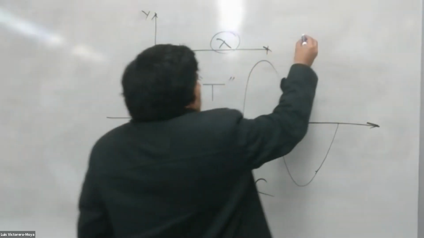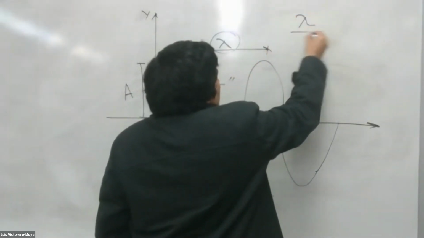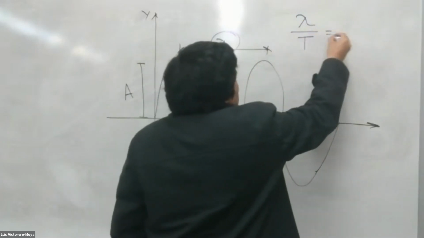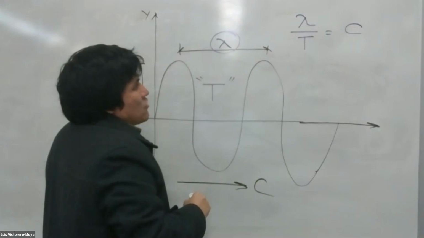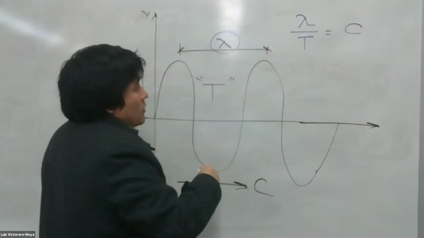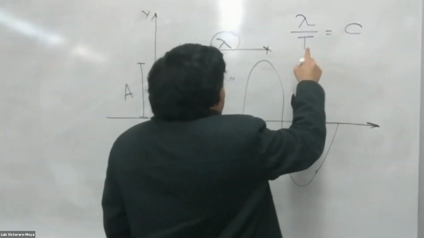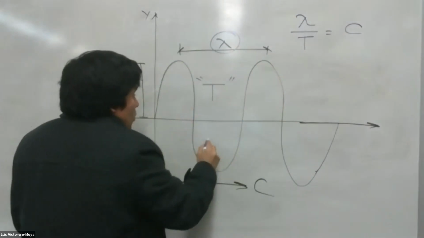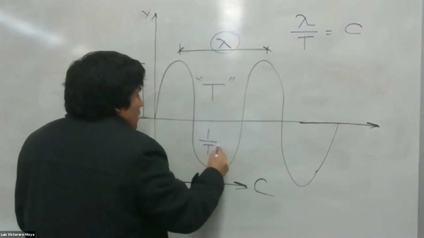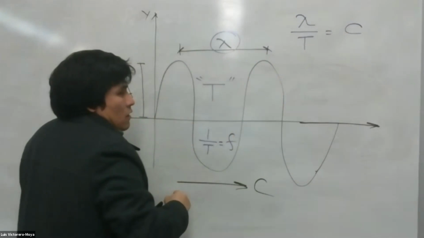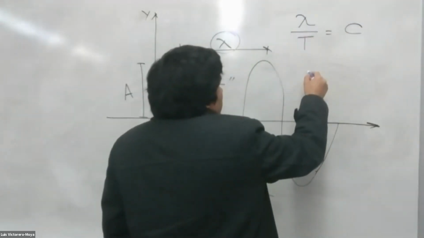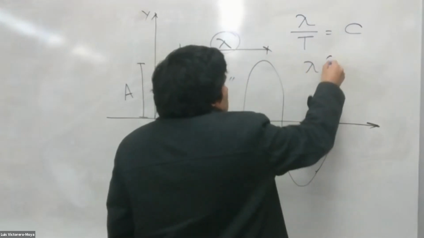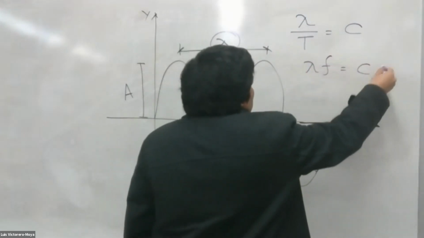So we say that distance over time period is equal to c. And that's the first mathematical relationship for electromagnetic waves. We will get that if we define 1 over period as frequency, which is the number of cycles per second: you will get lambda times frequency equals the speed of light.